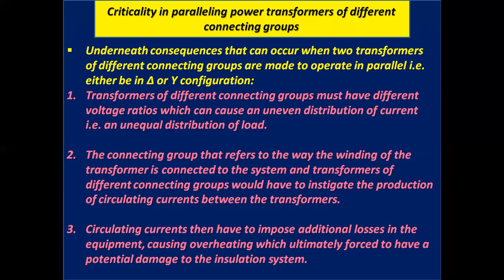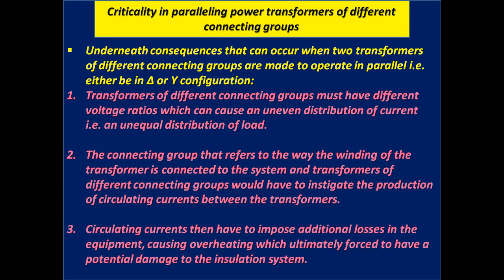Criticality in paralleling power transformers of different connecting groups. Underneath are the consequences that can occur when two transformers of different connecting groups, either delta or star configuration, are made to operate in parallel.